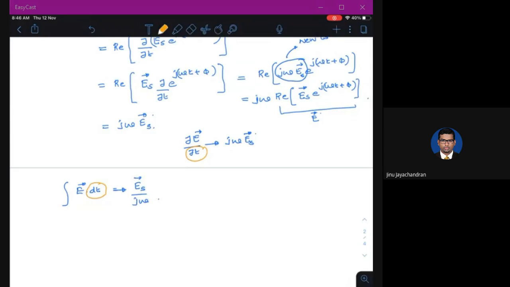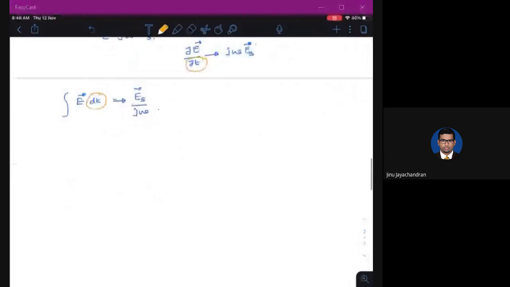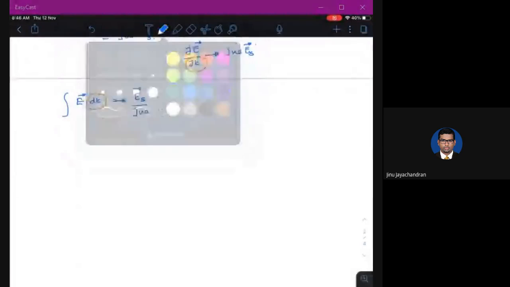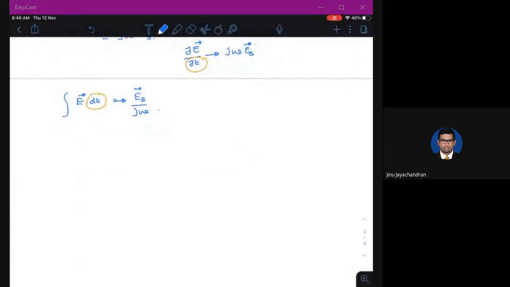Okay. So with this knowledge, let's look at Maxwell's equations. One of Maxwell's equations is del cross E is equal to minus dou B by dou t. This we derived from Faraday's law.